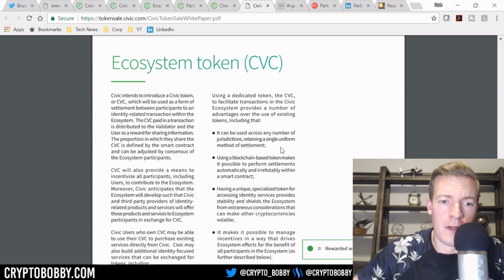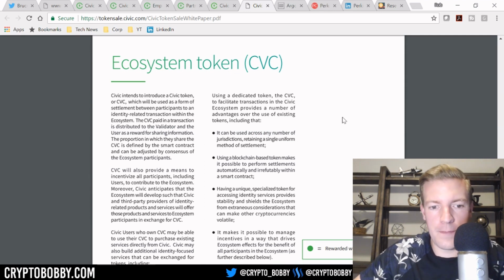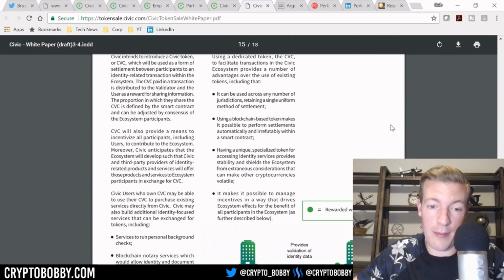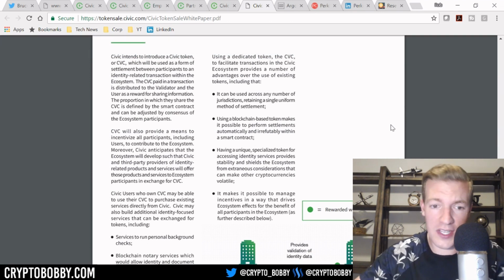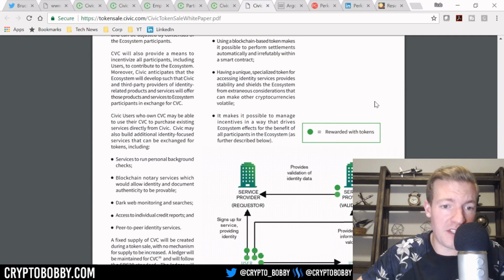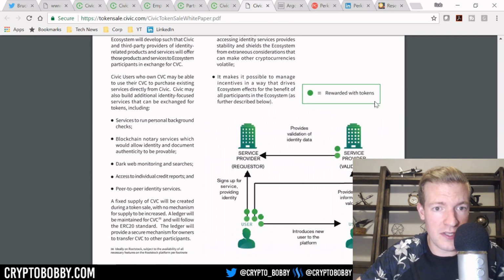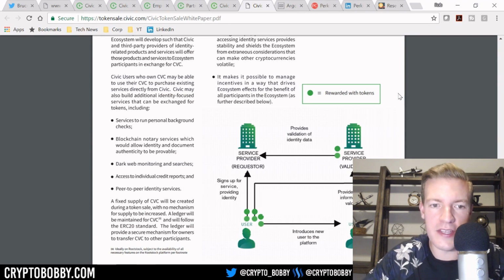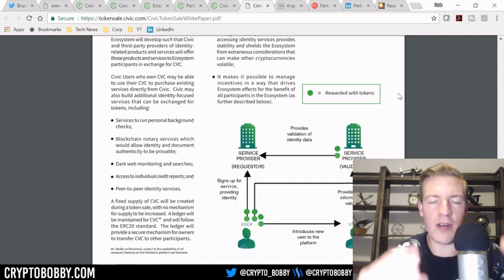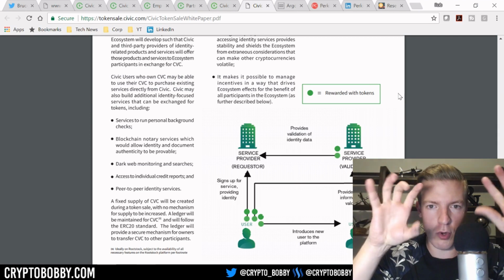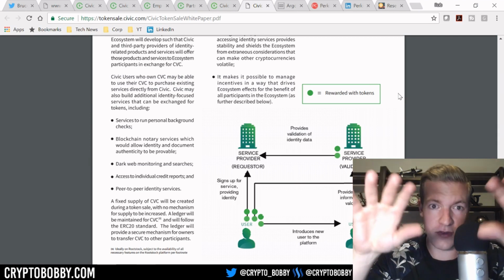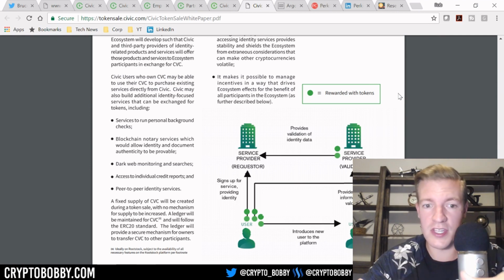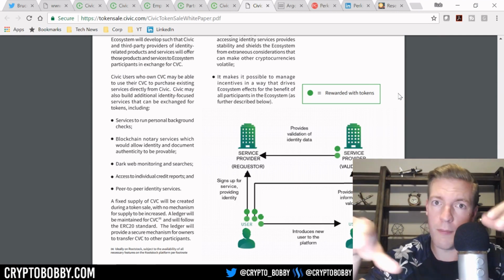I've utilized the application in examining ICOs, but right now the actual rewarding of the token means a lot of its utility is a future state as the platform continues to be developed, whether that's running personal background checks, notary services, credit reports, or peer-to-peer services.